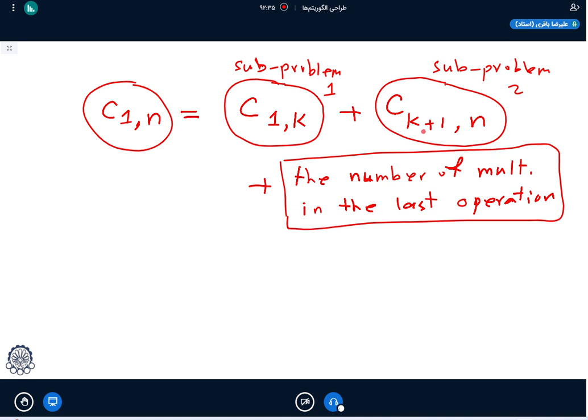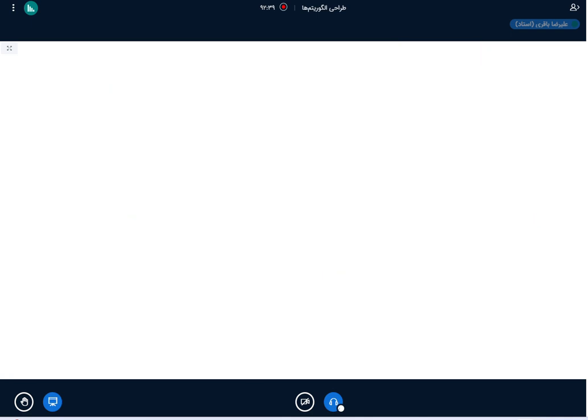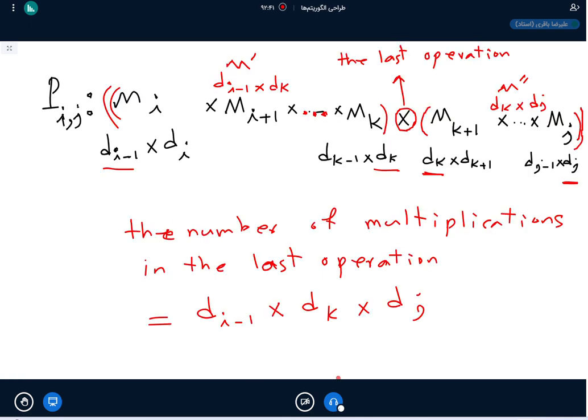So we can rewrite the formula. In problem Pij, we are going to multiply Mi to Mj. We can denote the number of multiplications by Cij.